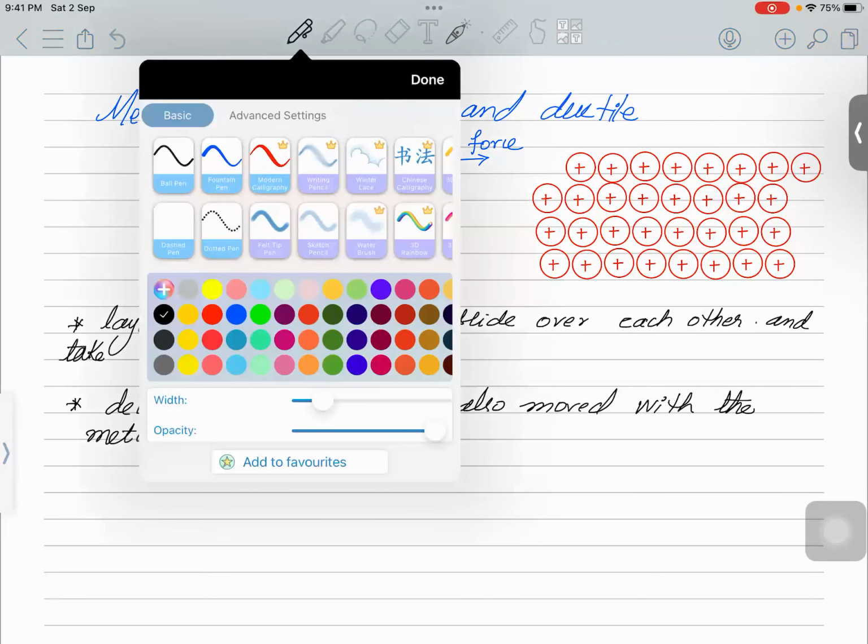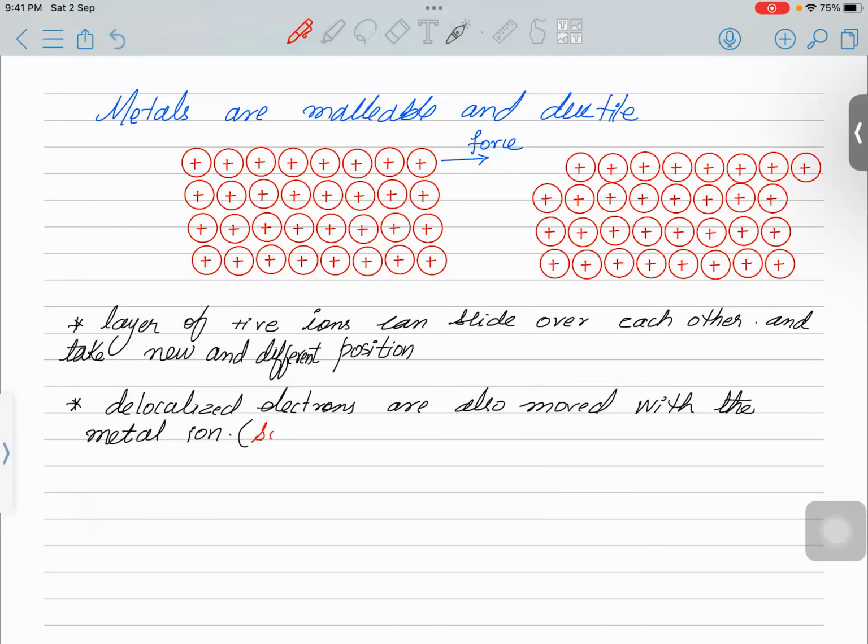Metallic bonding remains the same and does not change.